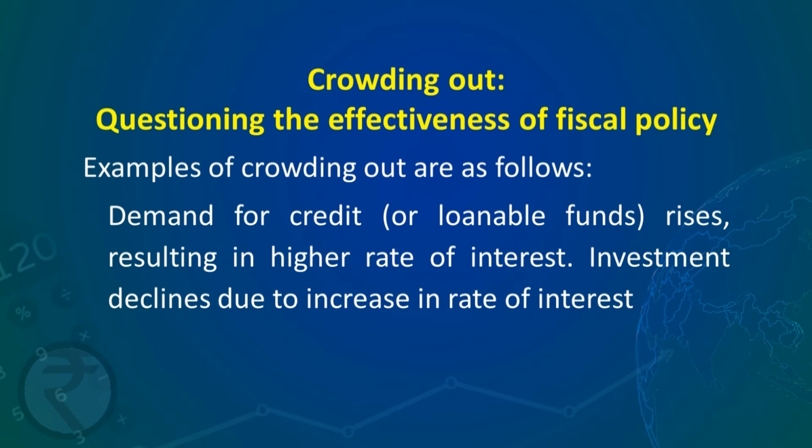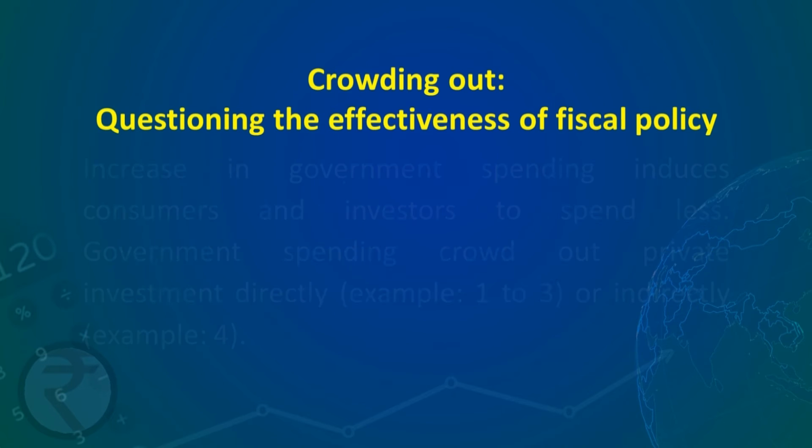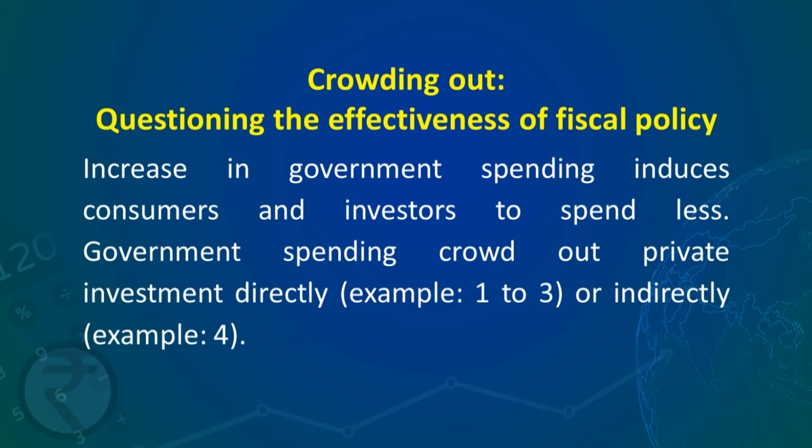Investment declines due to increase in the rate of interest. So, increase in government spending induces consumers and investors to spend less. Government spending crowds out private investment directly, as in examples 1 to 3, or indirectly, example 4.